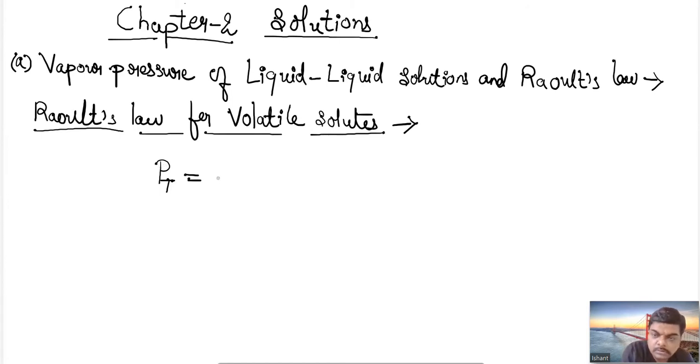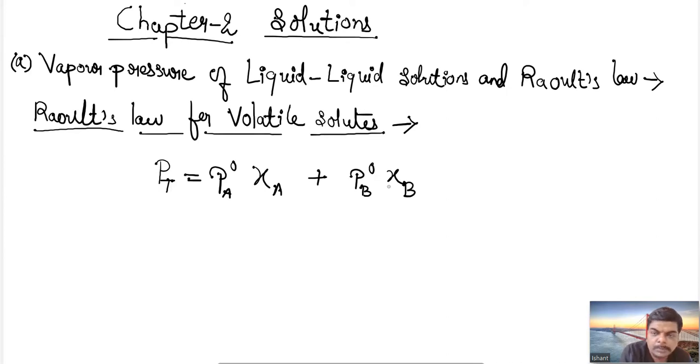PT is equal to PA naught XA plus PB naught XB, where PA naught and PB naught are the vapor pressures of the pure components present in the solution, and XA and XB are the mole fractions of those components in the solution.